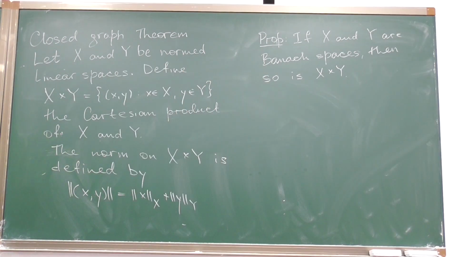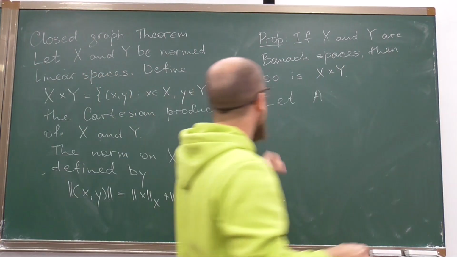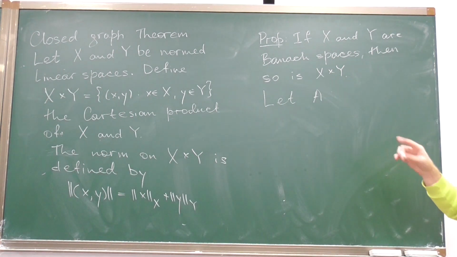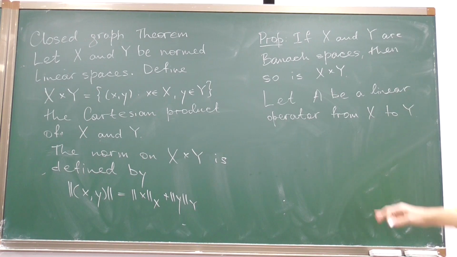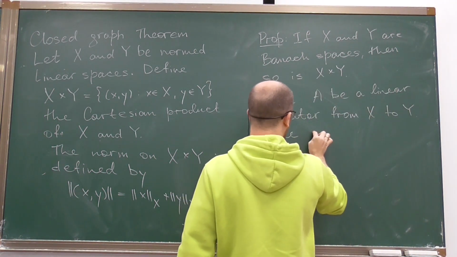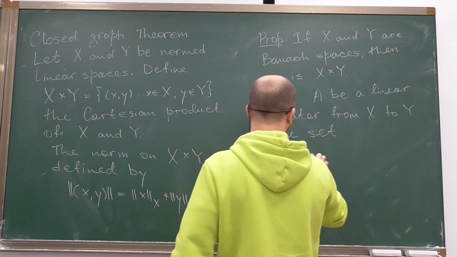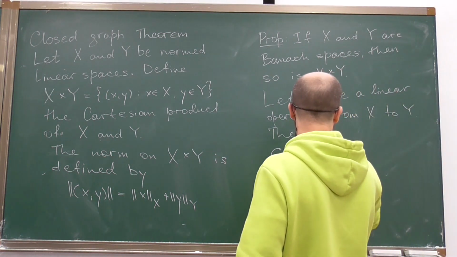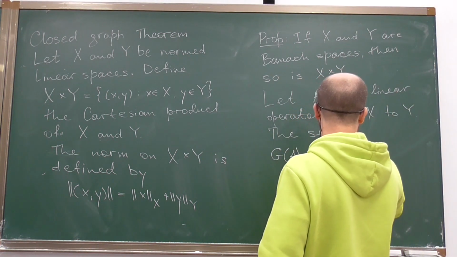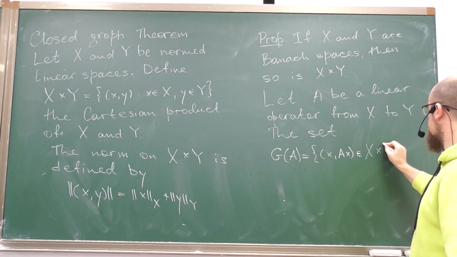Further, let me define the notion of a graph of an operator. Let A be a linear operator from X to Y. Let me define the graph of A as a subset of the Cartesian product of X and Y. We will denote the graph of A as G of A, and it consists of all pairs of the form (x, Ax) from the Cartesian product.